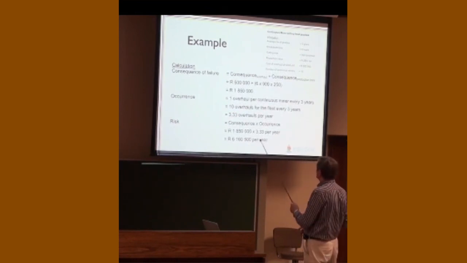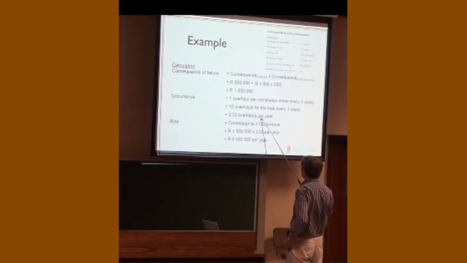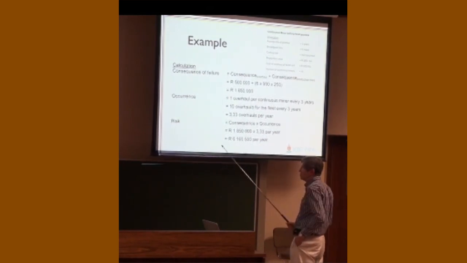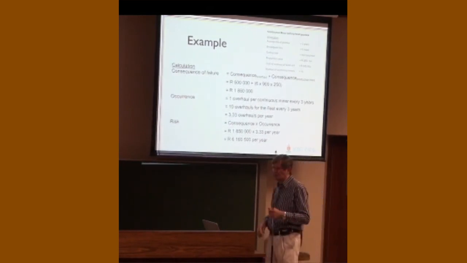So we have 3.33 overhauls per year, whereas for one unit it would have been 0.33 for one continuous miner. The risk, we say, is then the consequence times the occurrence. That times 3.33 per year gives you 6 million Rand per year. That's your risk. That's your risk that you have to look at.